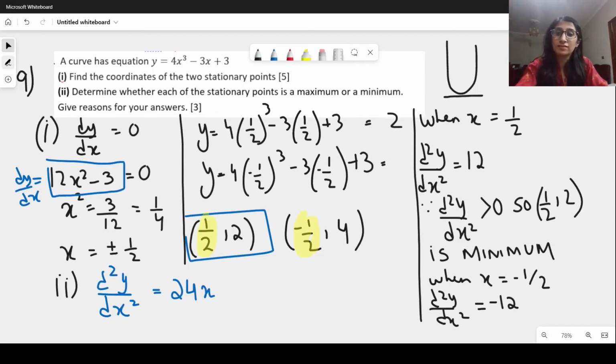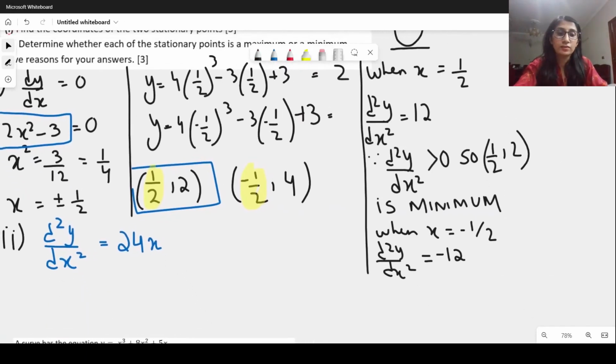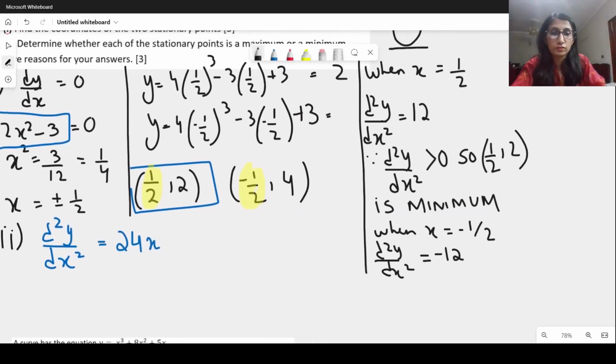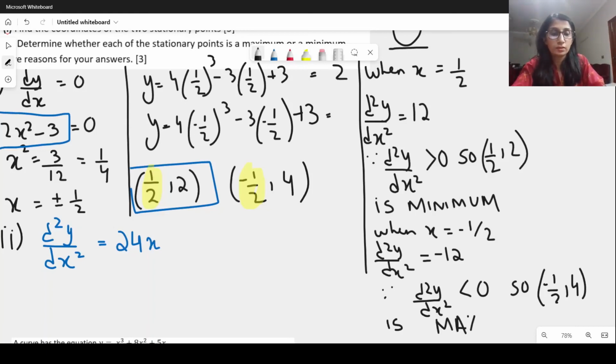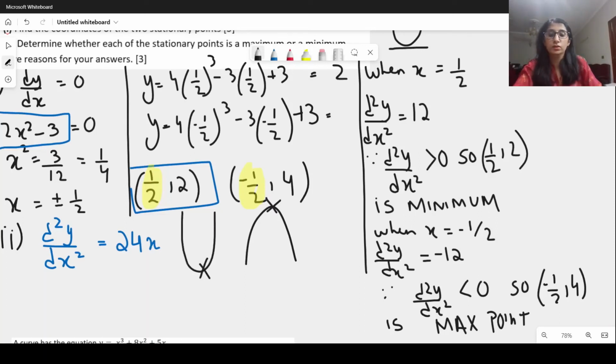So since the second derivative is less than 0, that coordinate minus half comma 4 is a maximum point. That means in the graph, this is the maximum point and this is the minimum point.